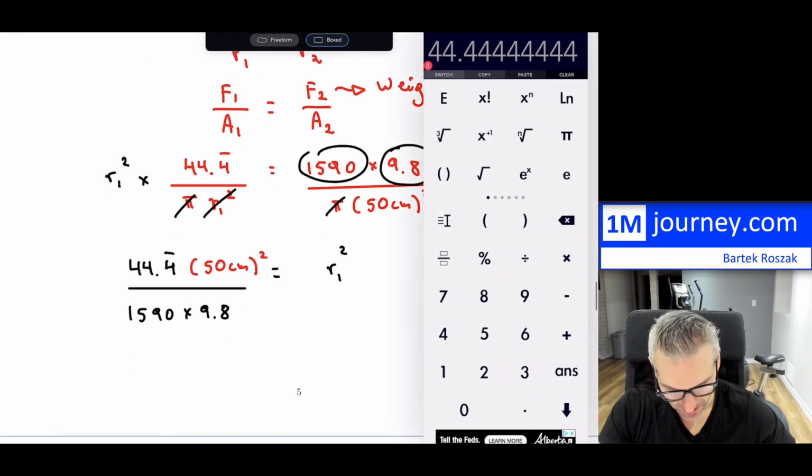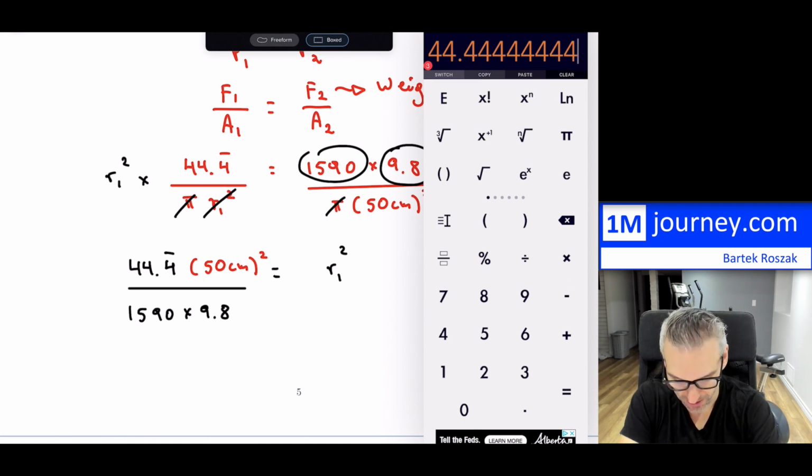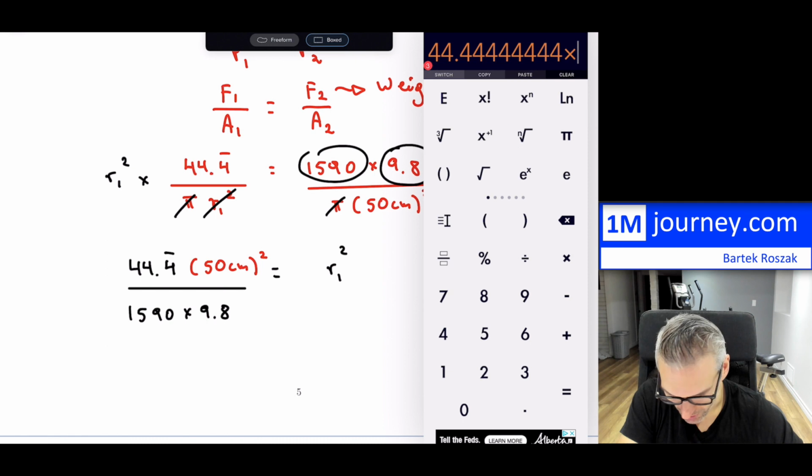Now with that, this is just numbers, so we have an answer, and notice the newtons will all cancel each other off, and you're just going to be left with centimeters, which is actually what we want our answer to be. So this is our answer multiplied by 50, and this is squared, and this whole thing is going to be divided by 1590 times 9.8.